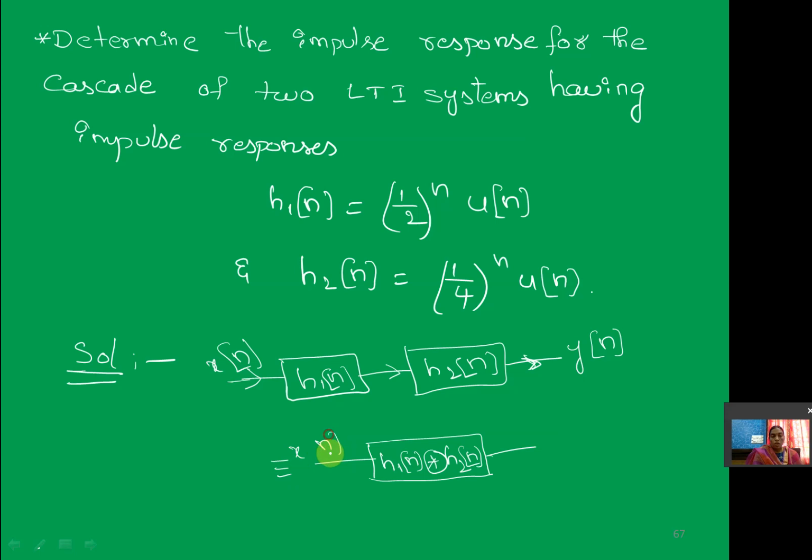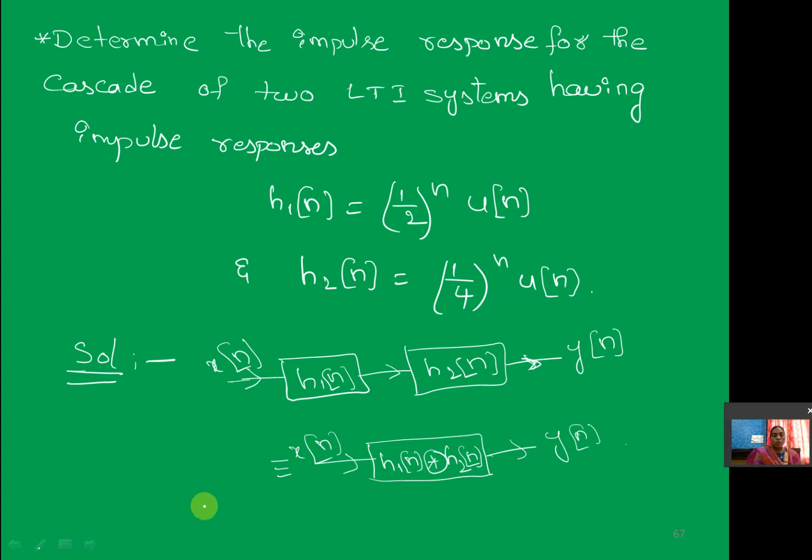Now here x of n is input, y of n is the output. Both have the same output. So if all the systems are in cascade, just to find the impulse response, find the convolution of all individual impulse responses and take it as a single system impulse response, like this.